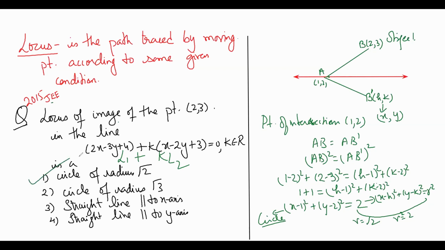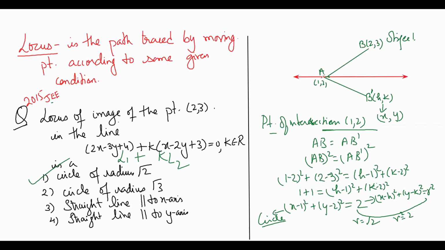Just I'm repeating what I did here. I found the point of intersection of L1 and L2, and that is here. And what you have to find is the locus of the image. The object is moving, following the condition that you have to find the image of this point with respect to the family of lines.